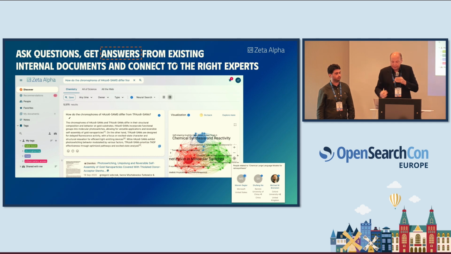There's a lot more to the platform, which I won't go into now, but basically it's a way to discover and organize internal knowledge, and not only connect you to answers for your questions, but also connect you to expertise inside and outside of the organization.